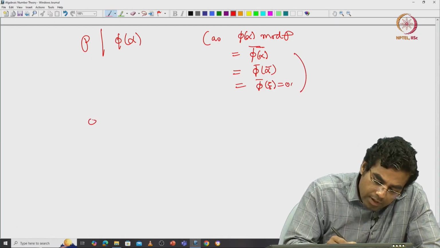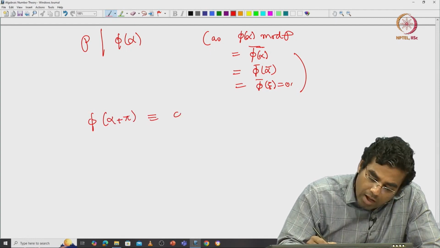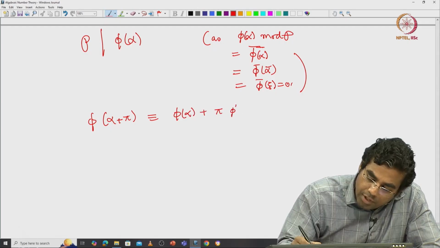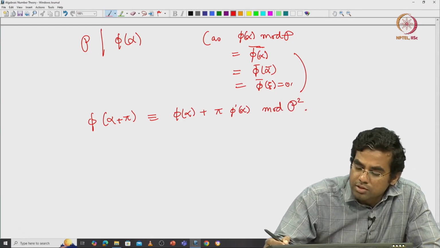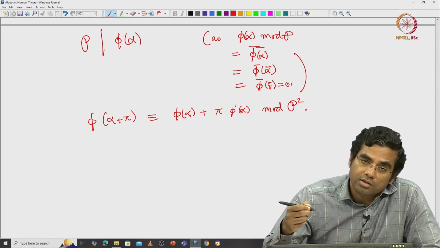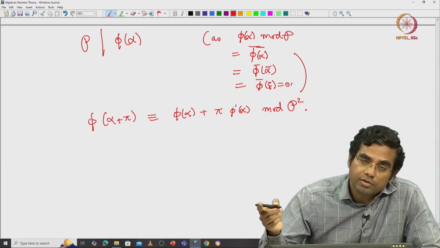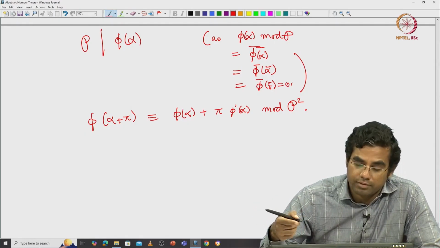And then if I look at phi of alpha plus pi, this is congruent to phi of alpha plus pi phi prime of alpha modulo p squared. So, this is like a Taylor series expansion, where we just consider the first two terms, because other terms will be divisible by pi squared, and so modulo p squared they are not relevant.